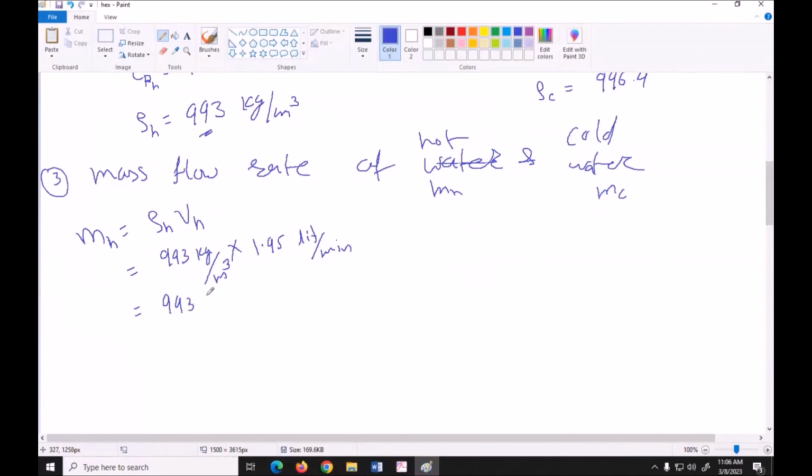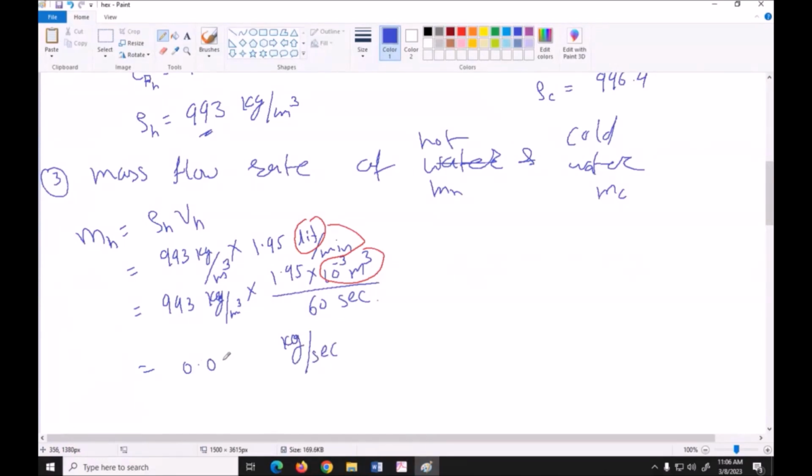So 993 kilograms per meter cube into 1.95 into 10 to the power minus 3 meter cube, since 1 liter is 10 to the power minus 3 meter cube, and a minute is 60 seconds. The meter cubes cancel, and your answer is in kilograms per second: mH is 0.03223.